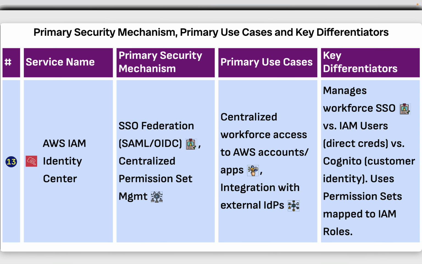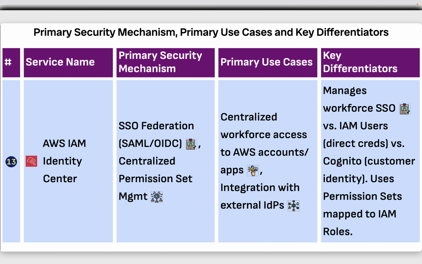Next, AWS IAM Identity Center. Primary security mechanism is single sign-on federation through SAML and OIDC. Centralized permission set management. Primary use cases are centralized workforce access to AWS accounts and applications. Integration with external identity providers, IDPs.